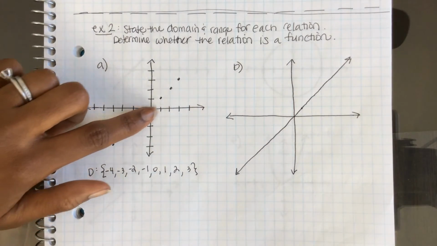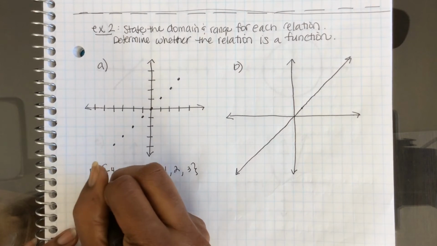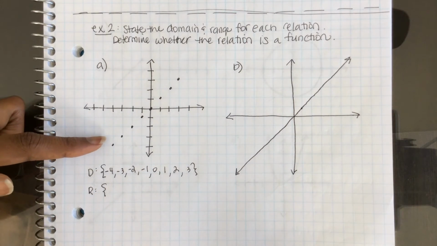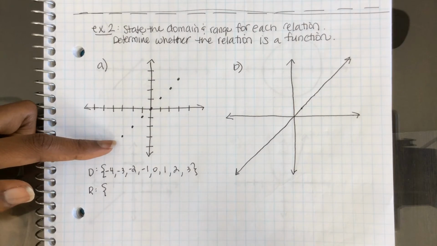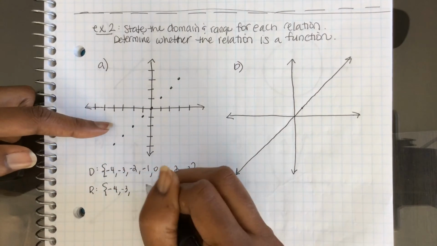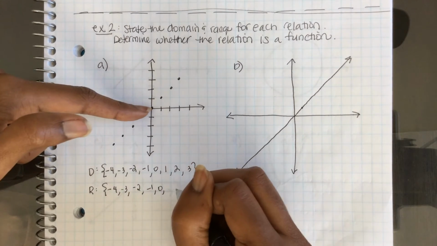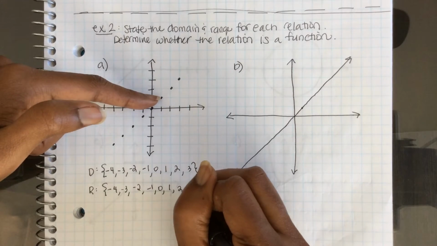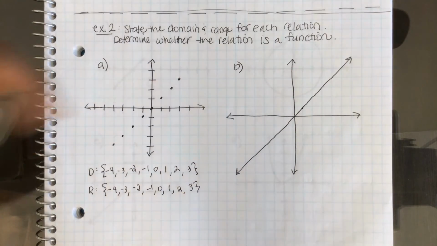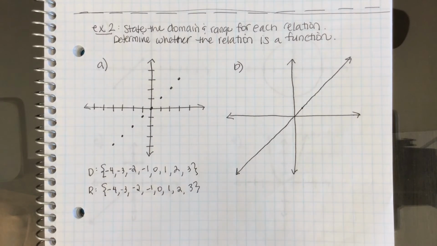So those are all of the possible x values for each of those points. My y values, starting from the bottom up, this y value is -4, -3, -2, -1, 0, 1, 2, and 3. So my range are all of the possible y values.